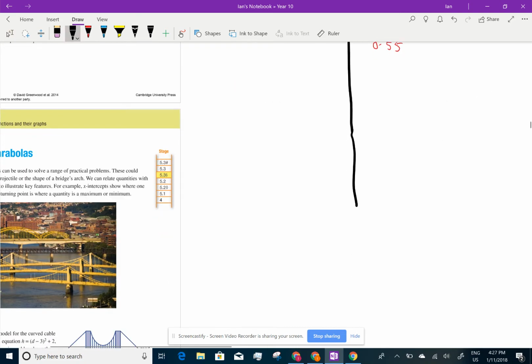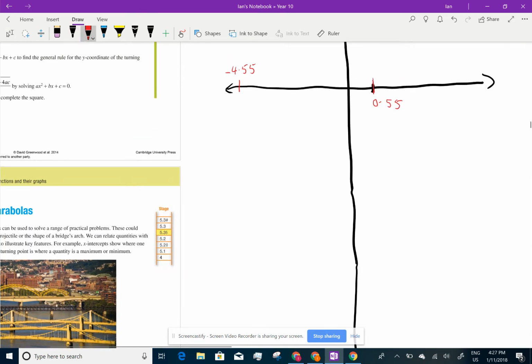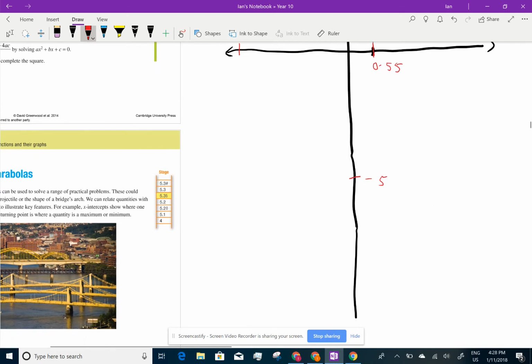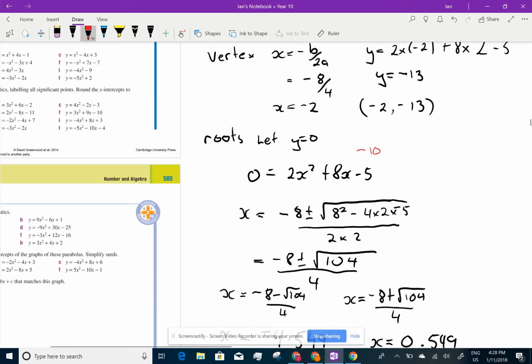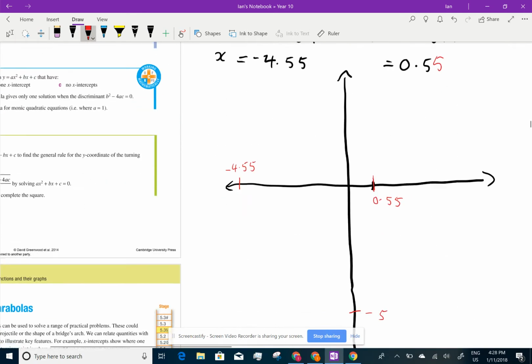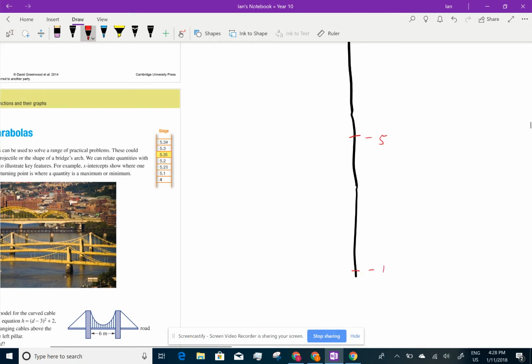Because this goes all the way down to negative 13. So put negative 5 about there, and then our vertex is negative 2, negative 13. So make that about negative 13. It's not terribly to scale. There's negative 2.